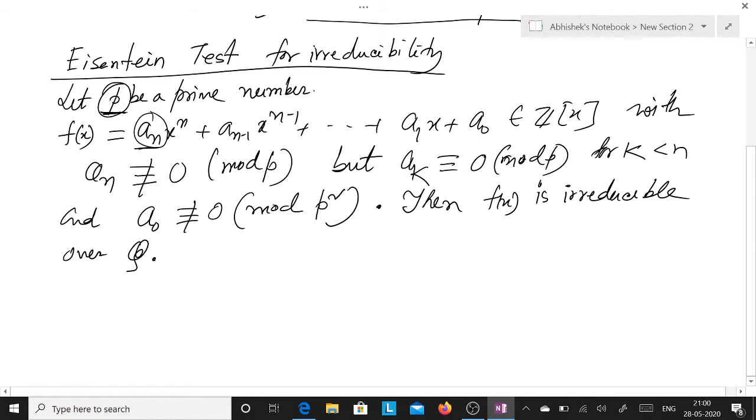And using this fact, you can construct the rationals with the help of integers by defining an equivalence relation between Z and its non-zero integers. Okay.